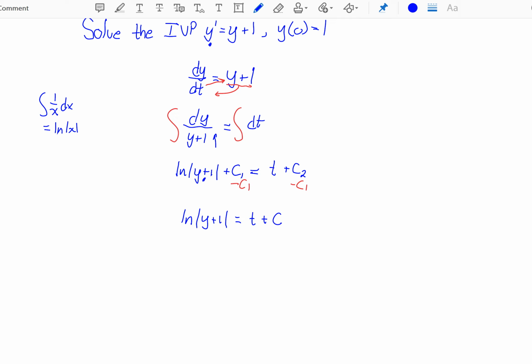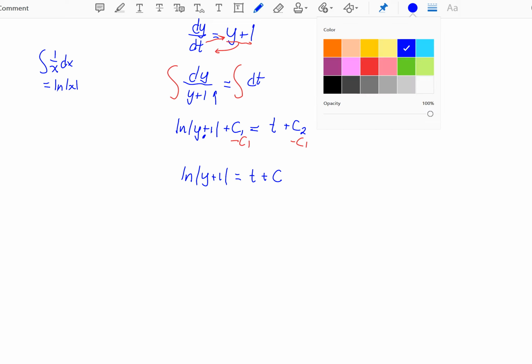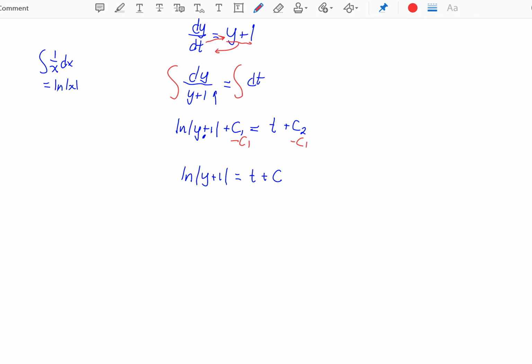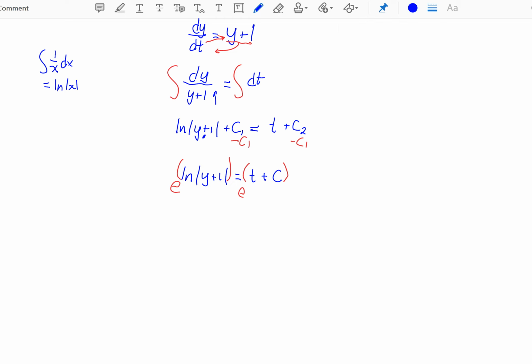Now, at this point, I would like to solve for y. So we choose to exponentiate both sides of our equation with base e. Remember, when we raise the right-hand side with base e, both terms are in the exponent. Of course, on the left-hand side, the exponential and the logarithm will cancel, so we just get the absolute value of y plus 1.